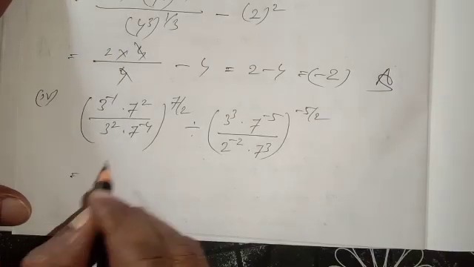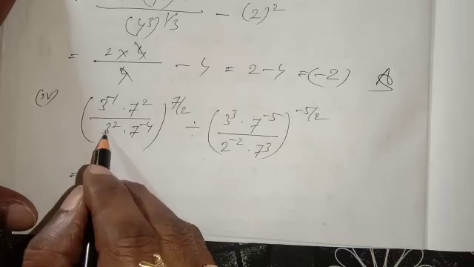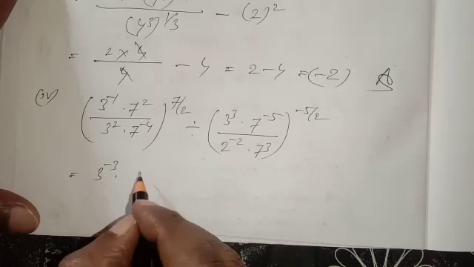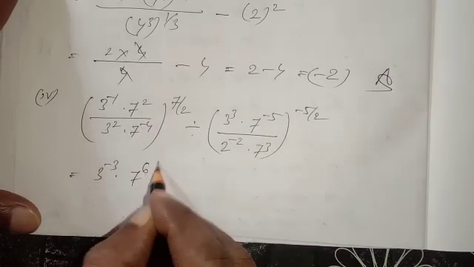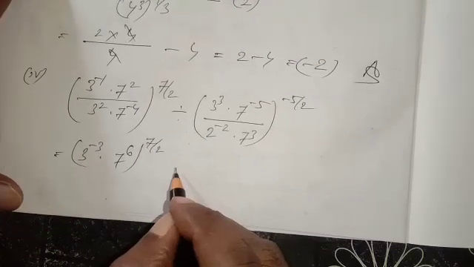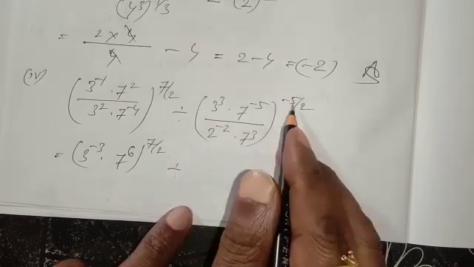First of all, make the power: 3 to the power minus 1 will be 3 to the power minus 3, and this will be 7 to the power 2 plus 4, that is 6, 7 to the power 6, whole to the power 7 by 2. And divide sign given. First make it positive power, minus 5 by 2 given.